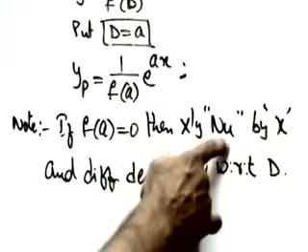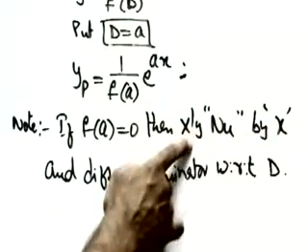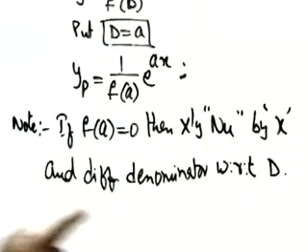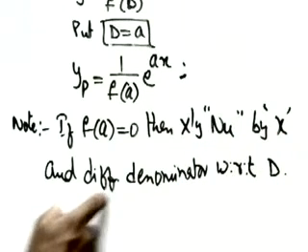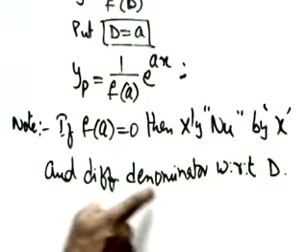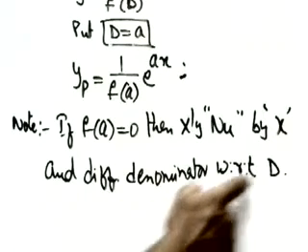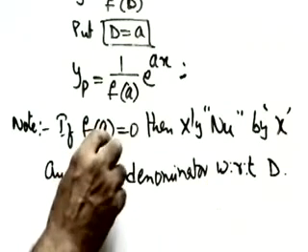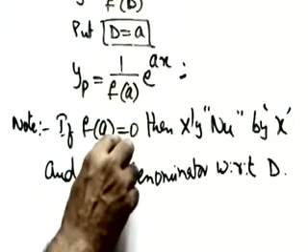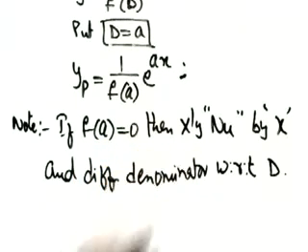Multiply the numerator by x and differentiate the denominator with respect to D. When we do the questions, I will explain in detail. Just remember this sentence: multiply the numerator by x and differentiate the denominator with respect to D.